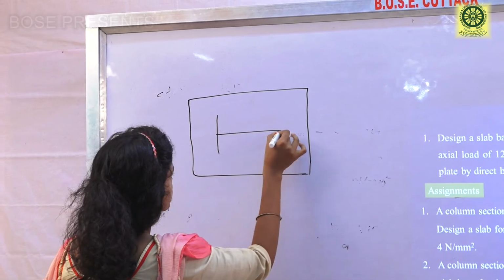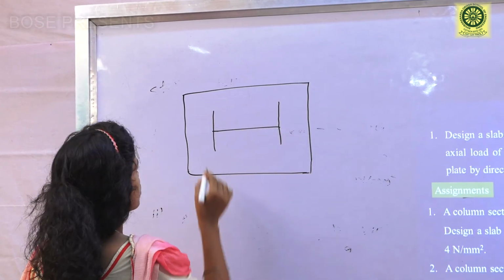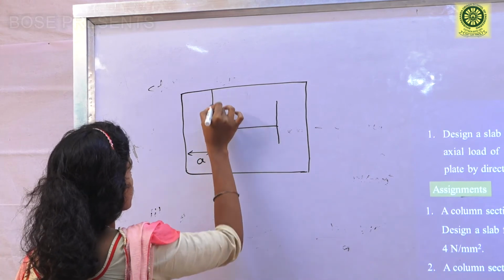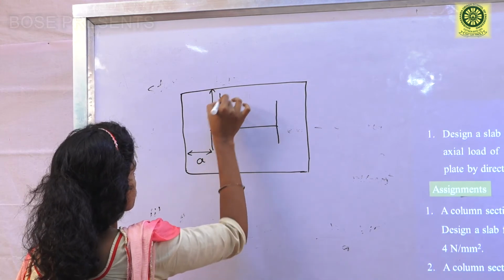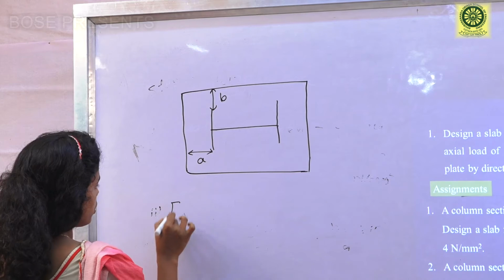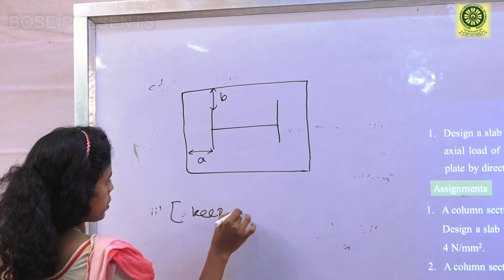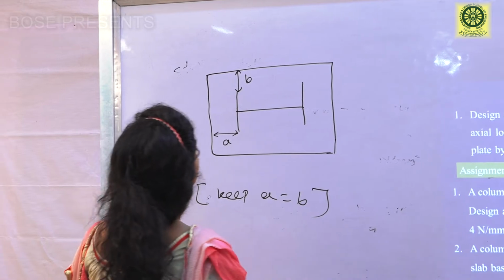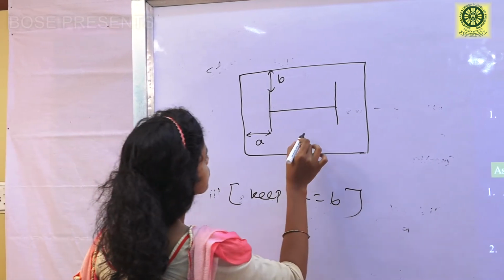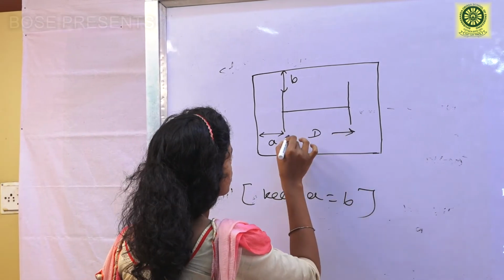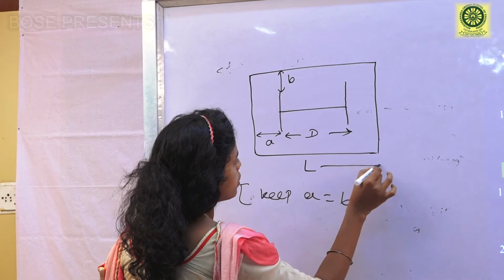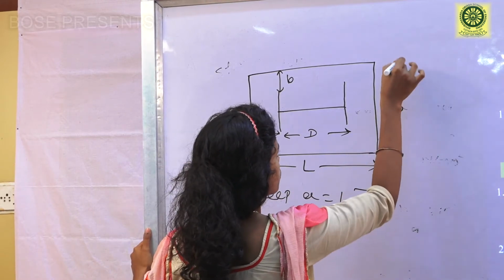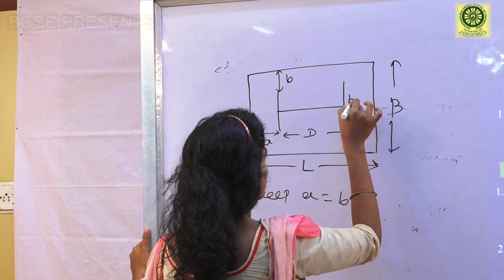Here it is the column section. So this is the projection A and the projection B. For economy, keep A equal to B, but it's not mandatory for all cases. So this is the total length of the slab base plate and this is the width of base plate.